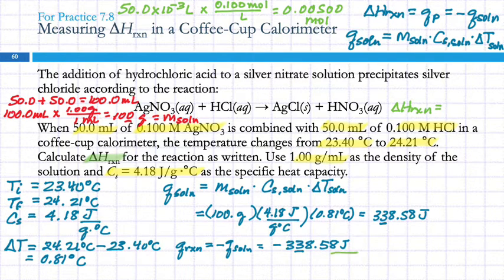So I'm going to take this and divide by the amount of stuff that actually reacted. So I take my negative 338.58, divide by 0.005, negative 67716 joules per mole.